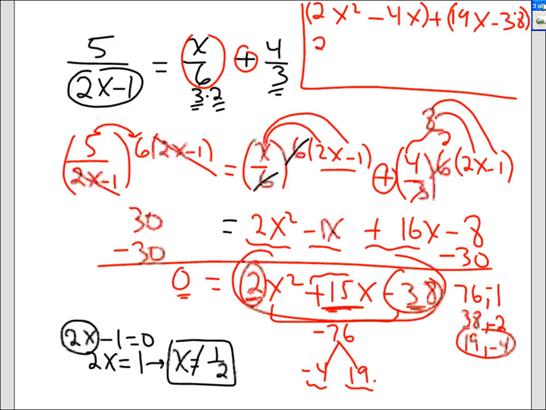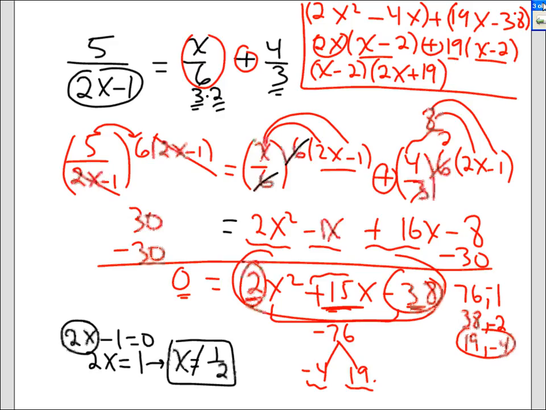From the first bracket, I can pull out a 2x. So I'm left with x minus 2. Plus the second bracket, I can pull out a 19. And I'm left with x minus 2. And x minus 2 is common. So I have x minus 2 times 2x plus 19.